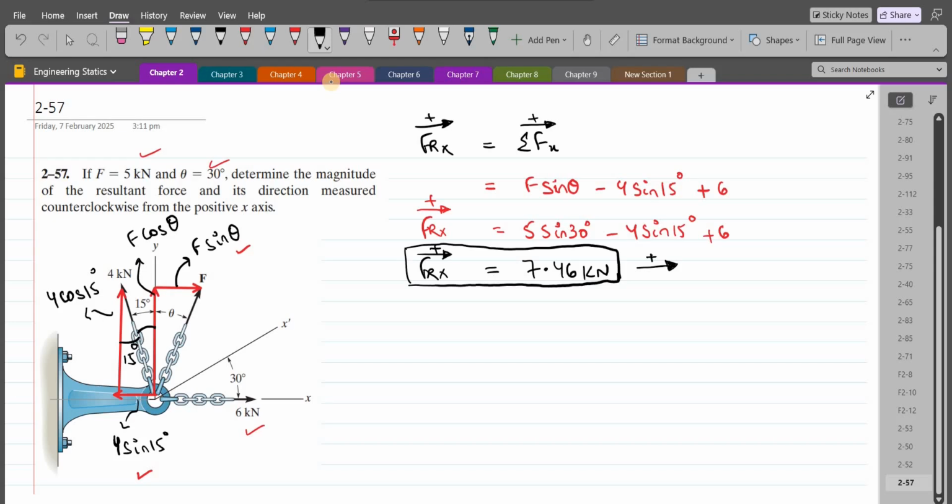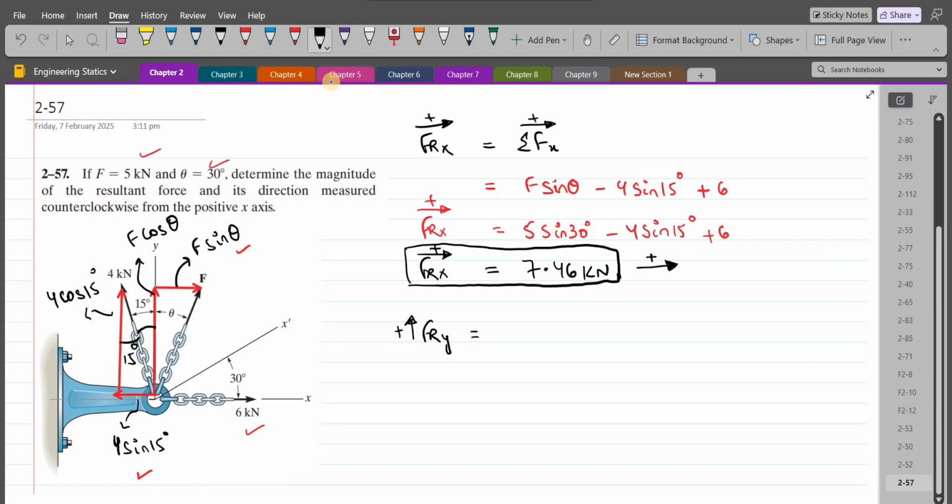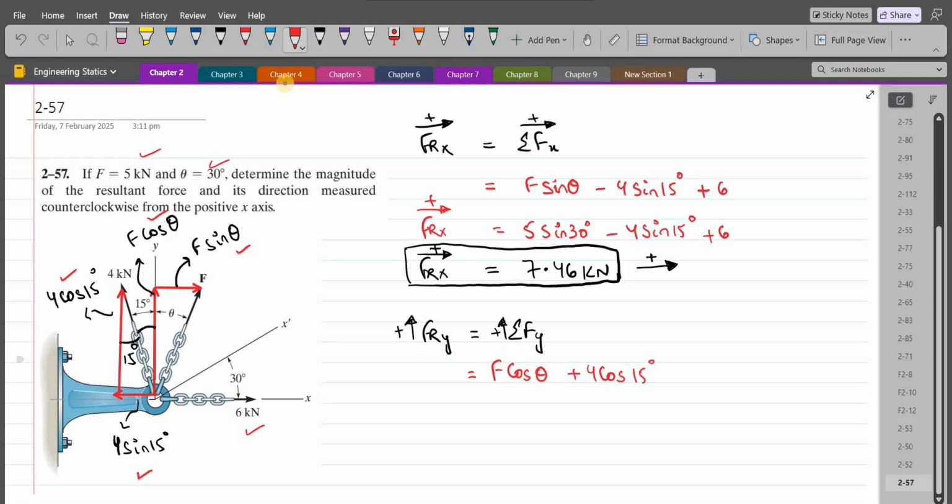Now we have to find the vertical component of the resultant force, which means FRy. I am considering up direction as positive. FRy is equal to summation of forces in y direction. So we have F cos theta plus 4 cos 15 degrees. And there is no vertical component for the 6 kilonewton force.